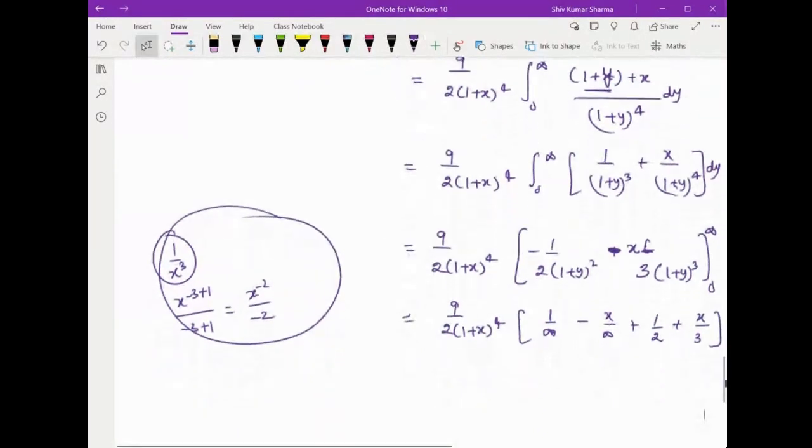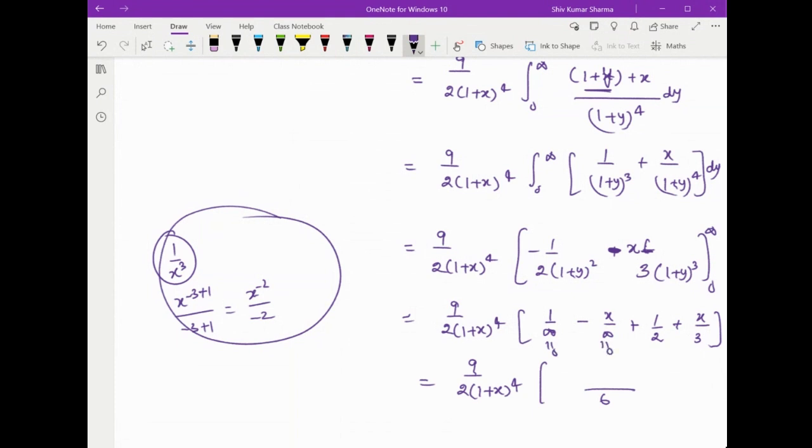So when we put the lower limit y equal to 0, it gives us 1 by 2 plus this one. So something upon infinity is 0. So 9 upon 2 into (1 plus x) raised to the power 4, and this is 0 and this is also 0.